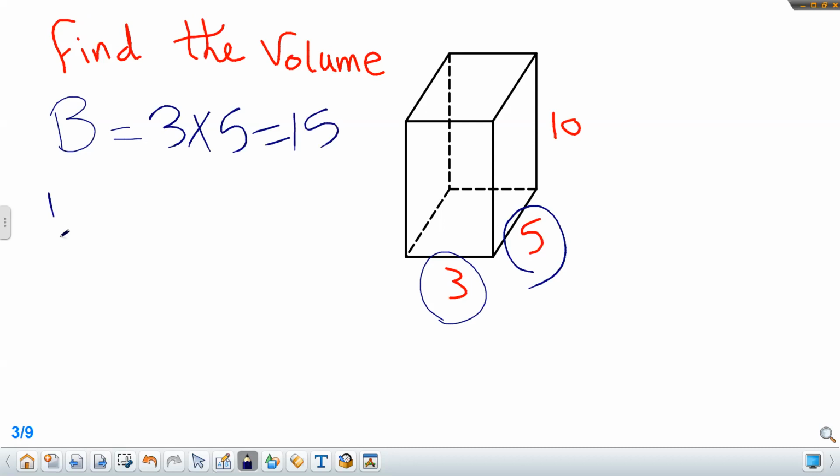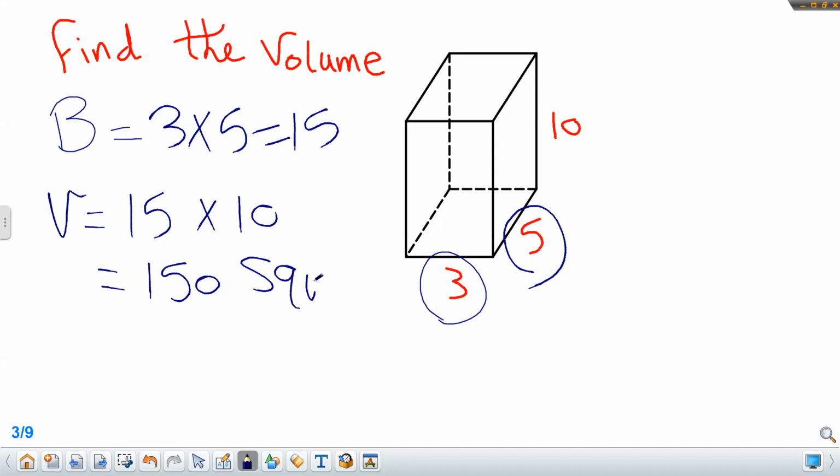And what about volume? Volume of this prism is base area, which is 15, times the height, which is 10. So it will be 150 cubic units. Okay, this is volume, so volume will be cubic units because it's a volume.